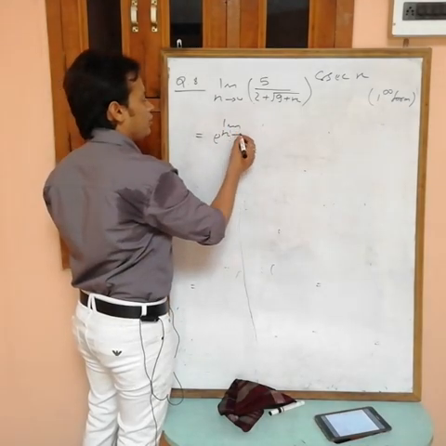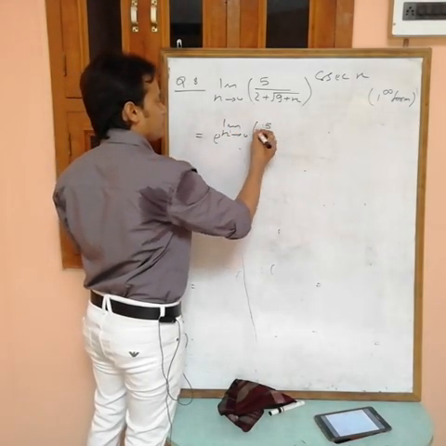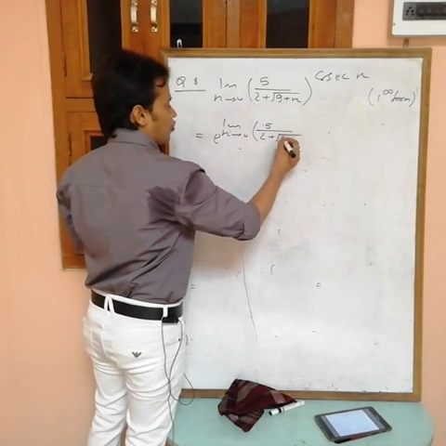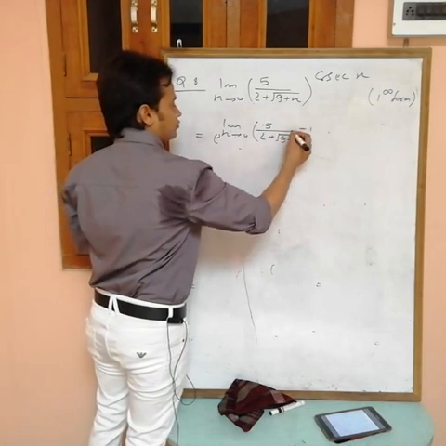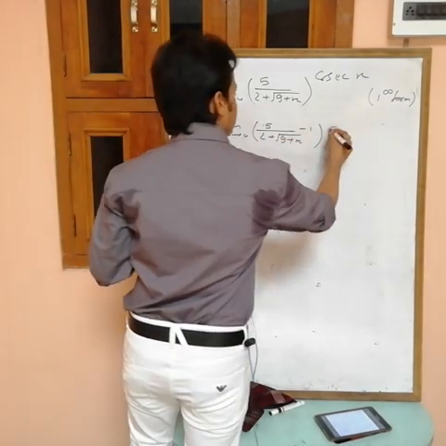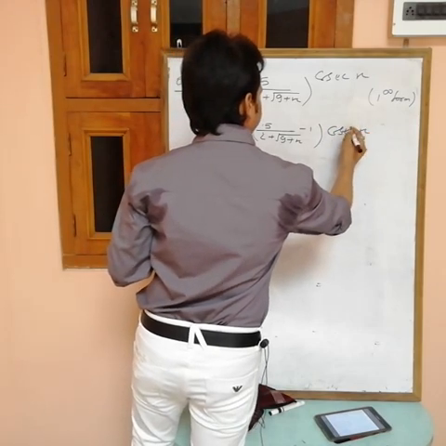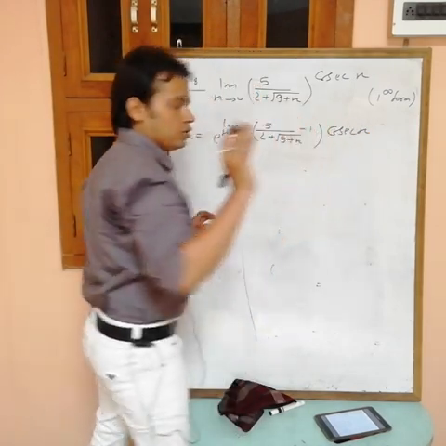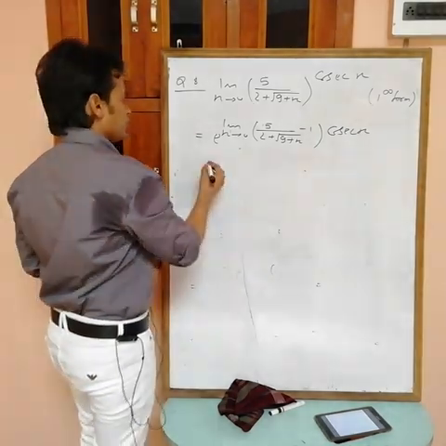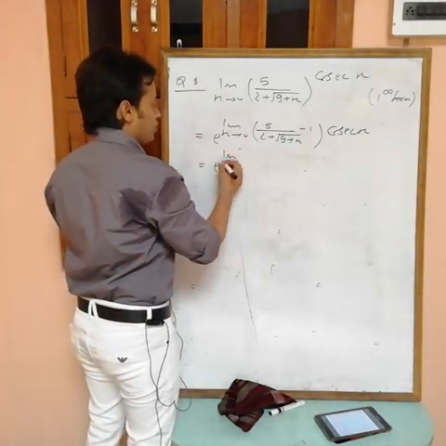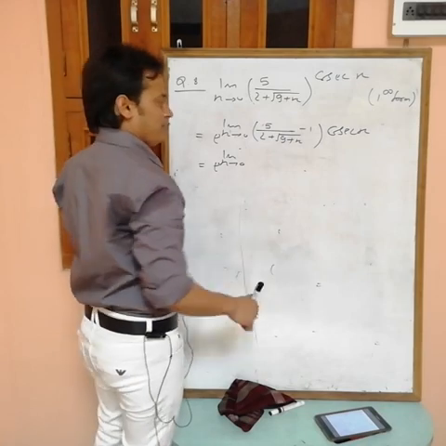Limit x tending to 0, f(x) minus 1 into g(x). g(x) is cosec x. Now see, e power limit x tending to 0. First we have to simplify this one.